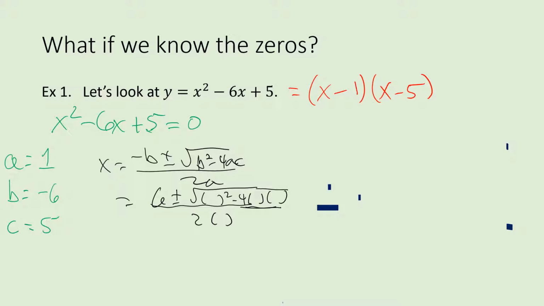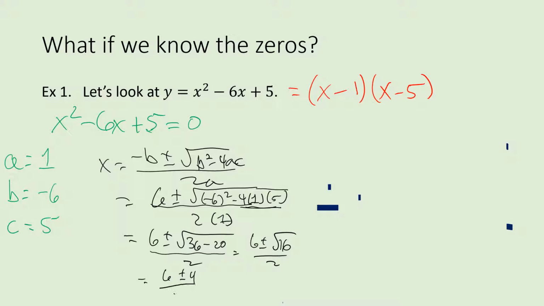So the radicand is b squared, so it'll be -6 inside parentheses, minus 4 times a times c, all over 2 times a. So now I get 6 plus or minus the square root of 36 minus 20, all over 2. So I get 6 plus or minus the square root of 16 over 2, which is equal to 6 plus or minus 4 over 2.